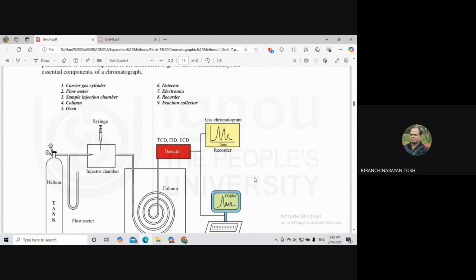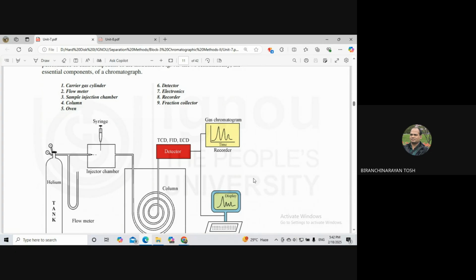As shown in the figure, schematically we have shown the instrumentation. We have the carrier gas cylinder, then flow meter, then sample injection chamber, then the column, then oven, detector, electronics recorder, and fraction collector.